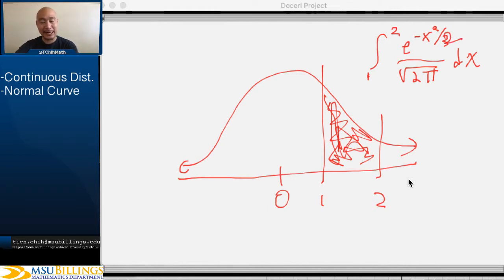And it hardly matters because e to the negative x squared doesn't have an antiderivative in terms of simple functions. So this is not an integral that's doable by hand. It's literally impossible to compute this integral. So how would we find these areas then?